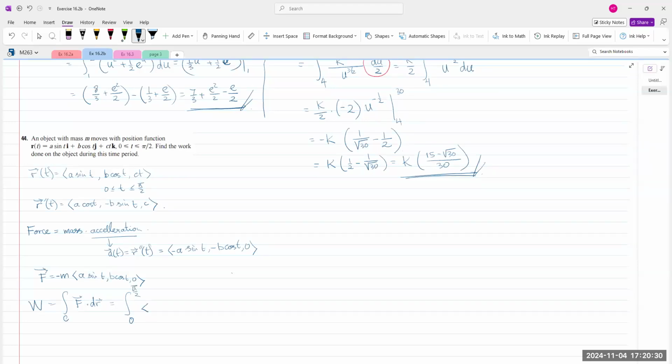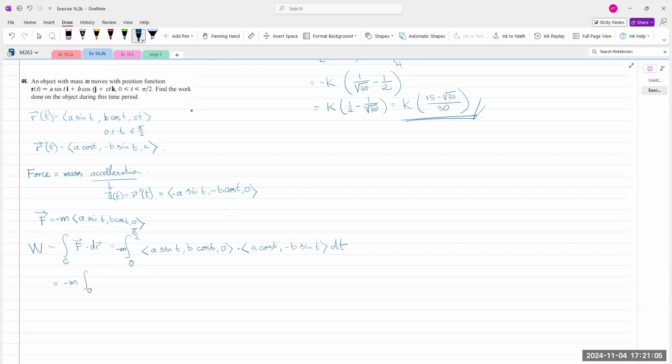The force field is negative m a sine t, b cosine t, 0 dot r prime, because the dr, right? So that will be a cosine t, negative b sine t, dt.